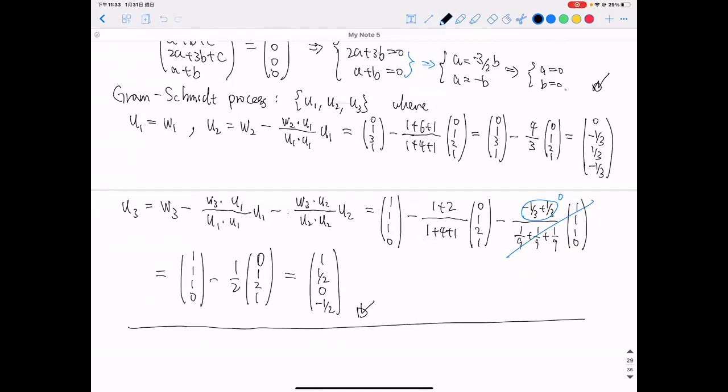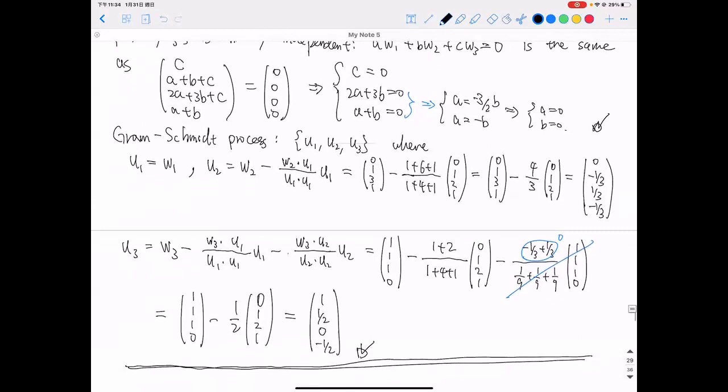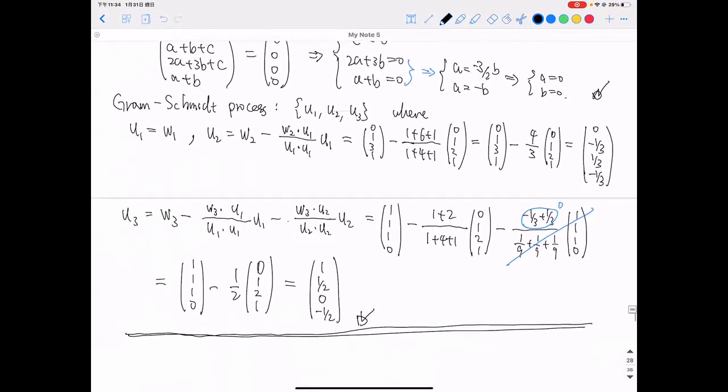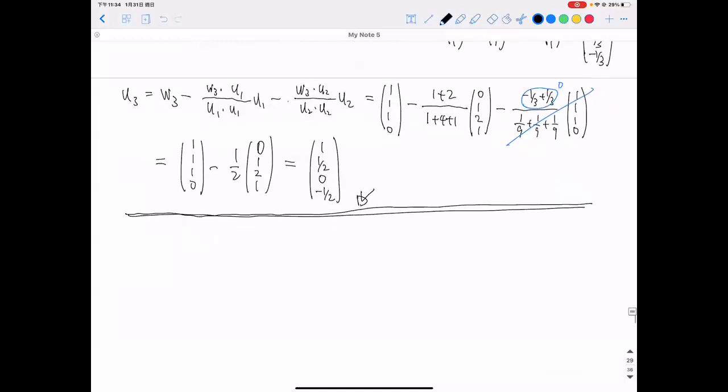So this is how the Gram-Schmidt process is applied. And in general, when you are asked to apply the Gram-Schmidt process, you just do this. It's going to involve some lengthy computations in general, but nothing that you cannot do.